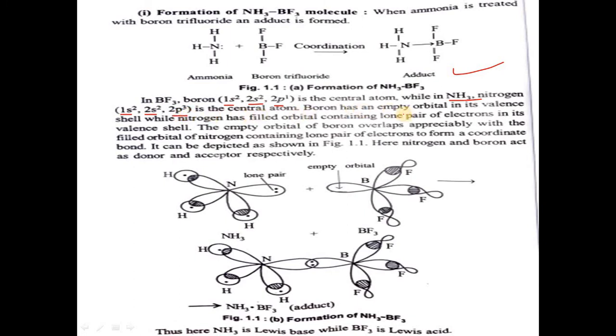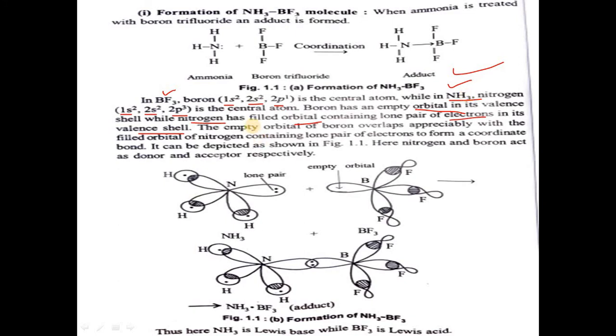So boron has an empty orbital in its valence shell, while nitrogen has a filled orbital containing a lone pair of electrons. In BF3 the hybridization is sp2, so one p orbital is empty, but in ammonia the hybridization is sp3 and one orbital has a lone pair.